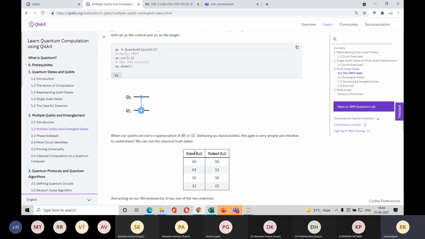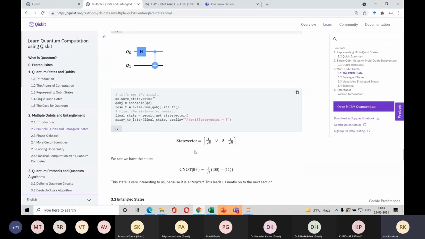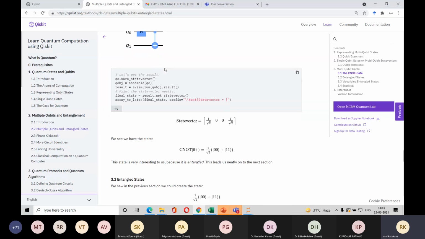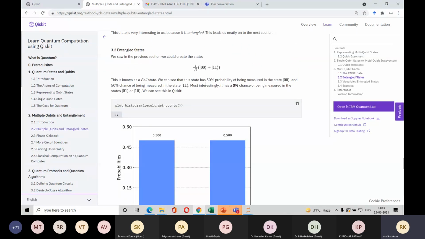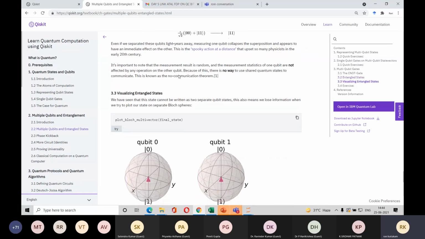With this entanglement, some of the problems can be solved. That's why you see a combination of Hadamard and CNOT. A combination of H and CNOT will make the system achieve an entangled state, and the state 1 over root 2 (00 plus 11) represents an entangled state, also called the Bell state in the literature.